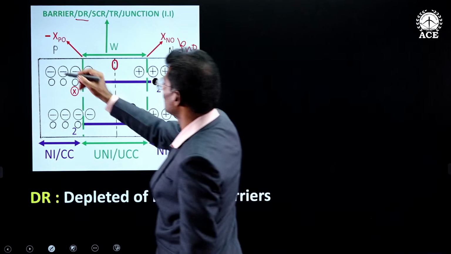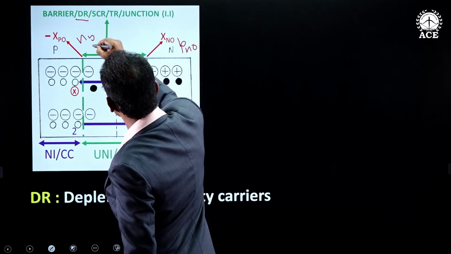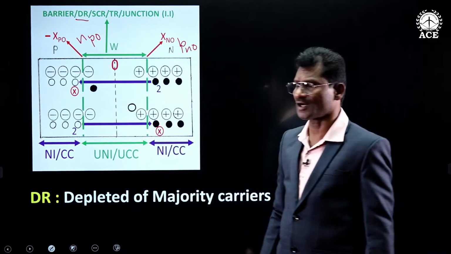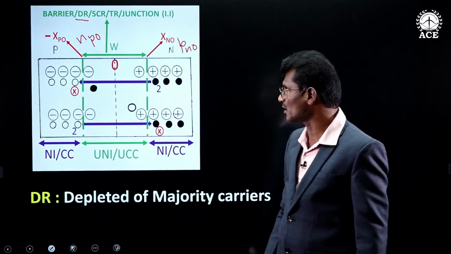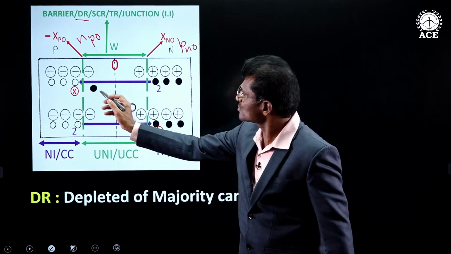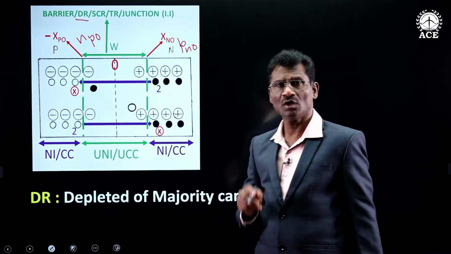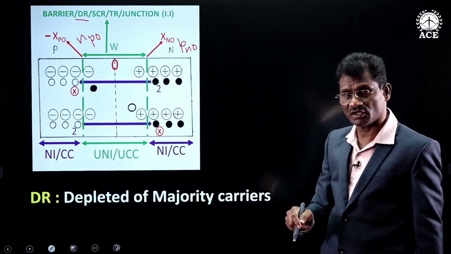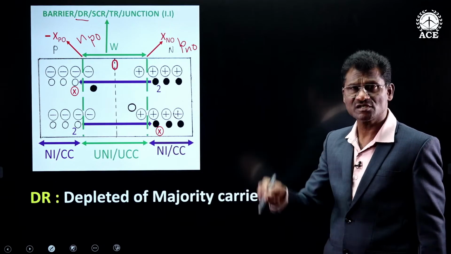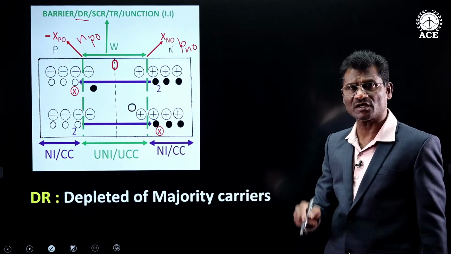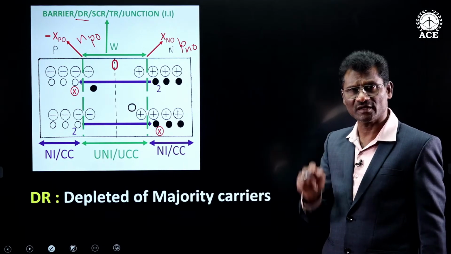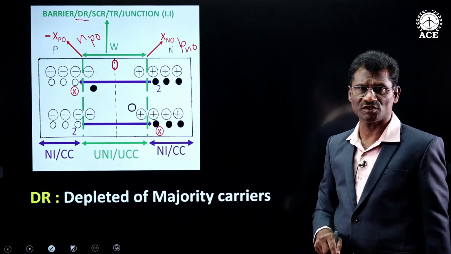If you can recall, I said np0, initial thermally generated minority carrier concentration. So this electron and this hole are shown in depletion region, which are charge carriers generated due to temperature. They can exist, though it is depletion region.